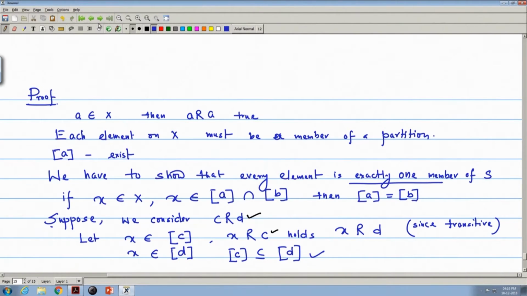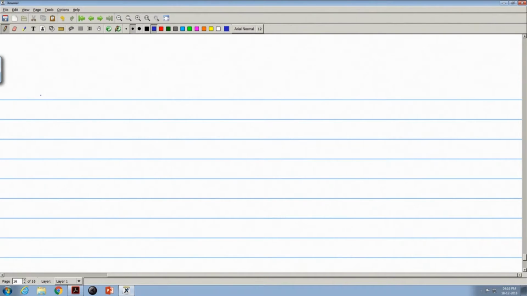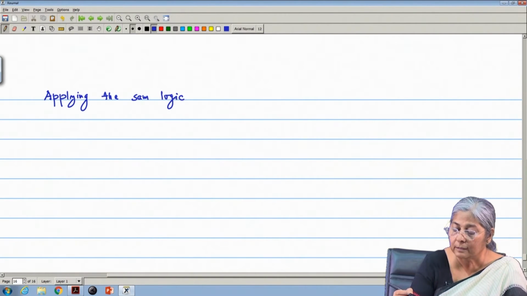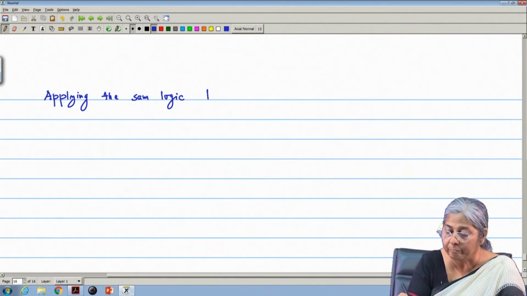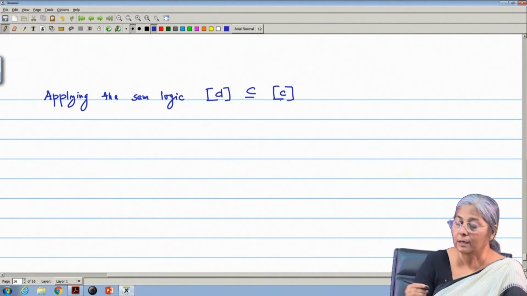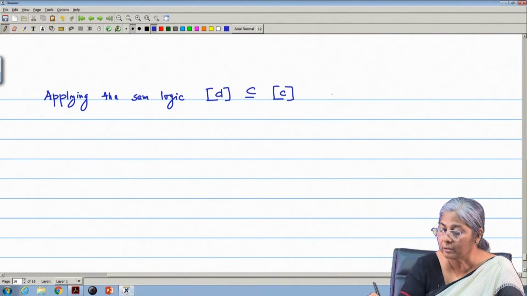Now, applying the same logic, I can tell that all elements that are related to d are again a subset of [c], and earlier we got that [c] is a subset of [d].